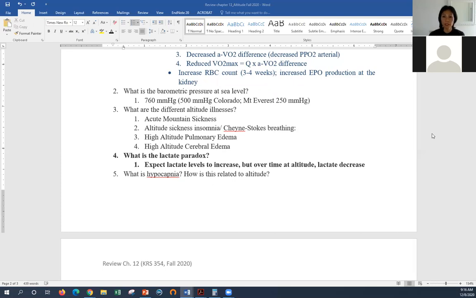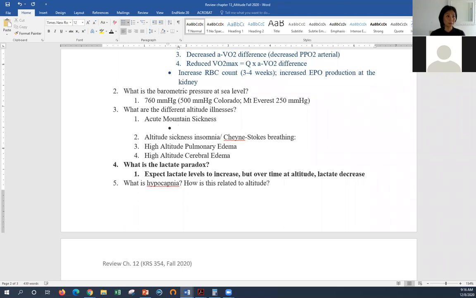Okay, so what are the different altitude illnesses? So acute mountain sickness is one of the lesser illnesses, and it's not necessarily fatal, and it's characterized by headaches, throbbing of the head, just because the vessels in your head or your brain are vasodilated, and this is what's causing the throbbing.